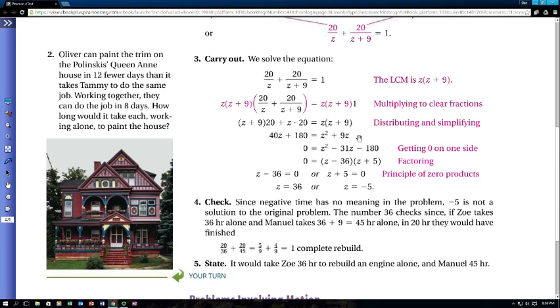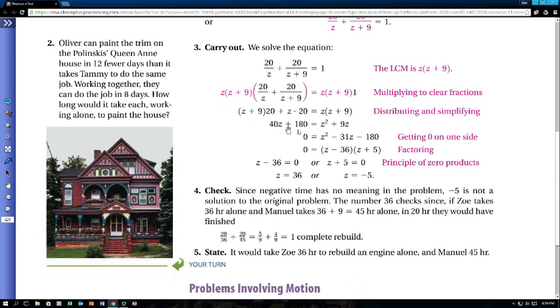So we end up with this trinomial, really. And the only way we can solve these things is to get them equal to 0, so we can factor and use the principle of zero multiplication. So they probably use grouping or anti-FOIL on this and end up with these two binomials.